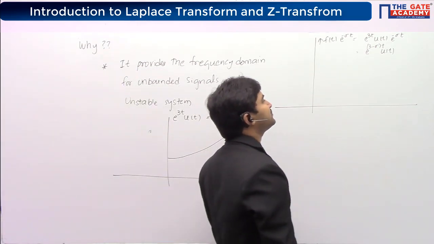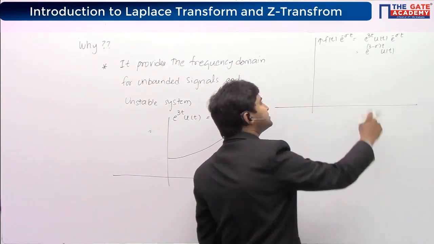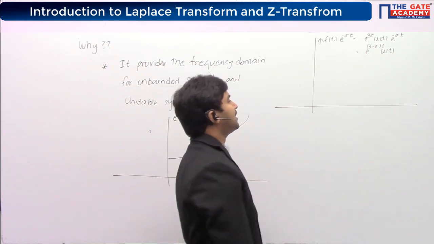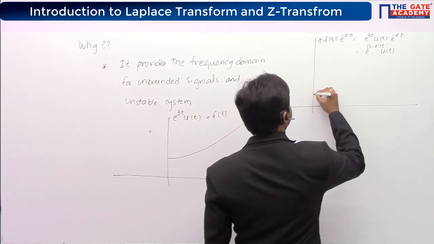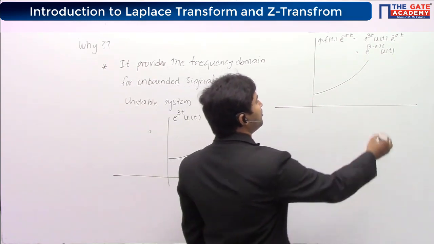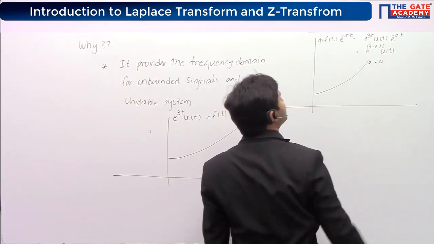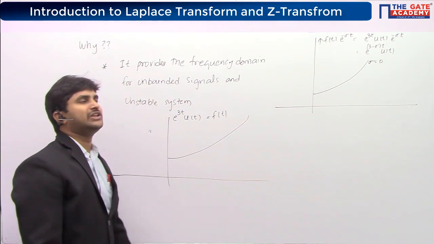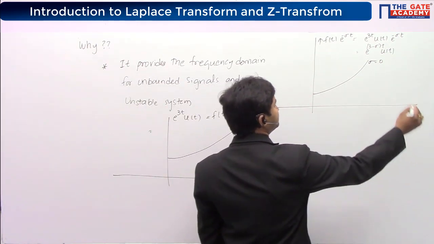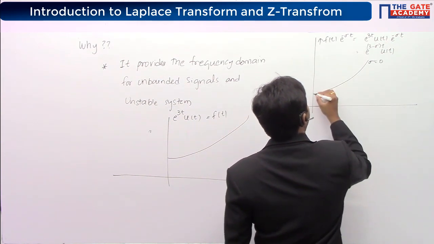If sigma is equal to 0, it becomes e power 3t u of t. Can I take sigma equal to 1?